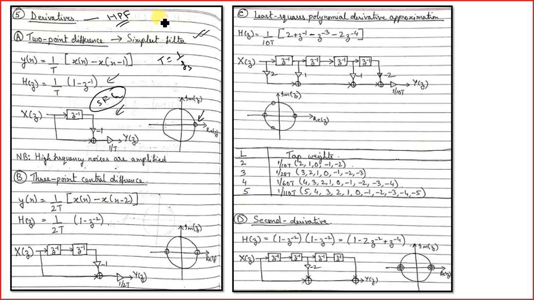And your averagers are regarded as low pass filters, and they also act as integrators. Okay, so the best way to remember is that nowadays most of us know about HD TV and all this thing. So if you remember HD, you can say high pass filter is a derivative filter. Okay.